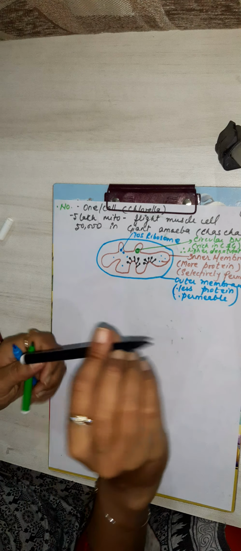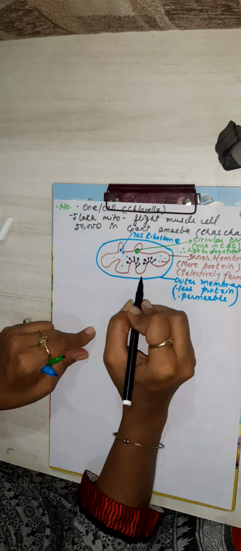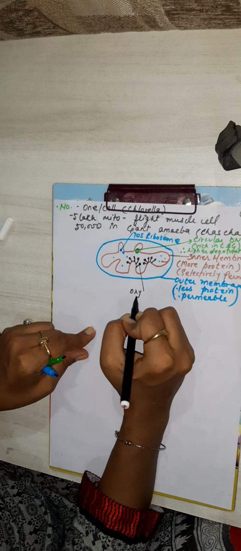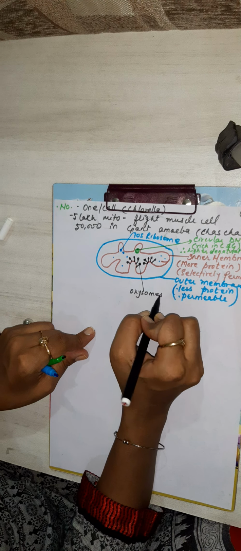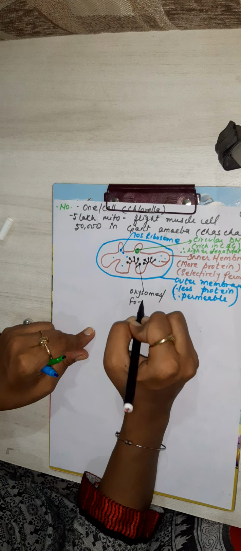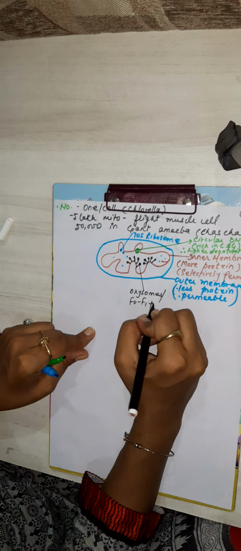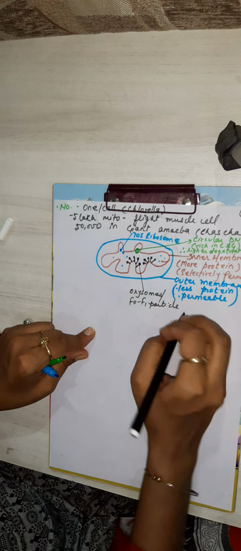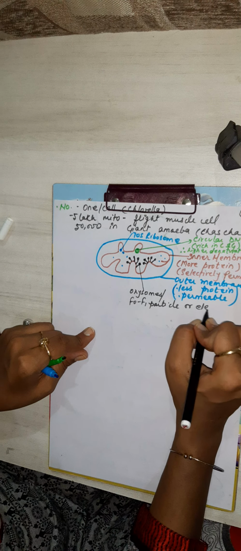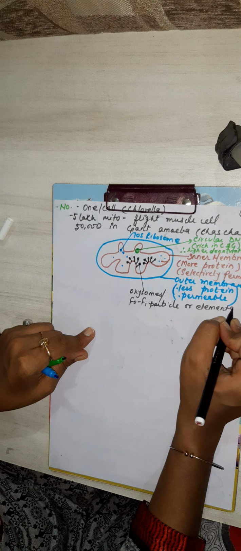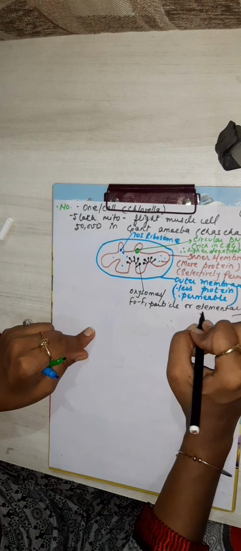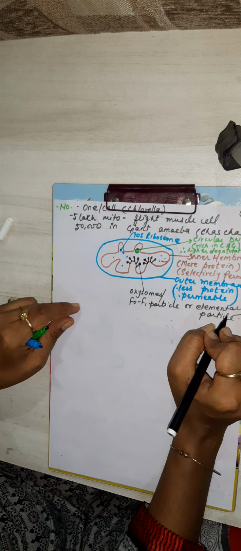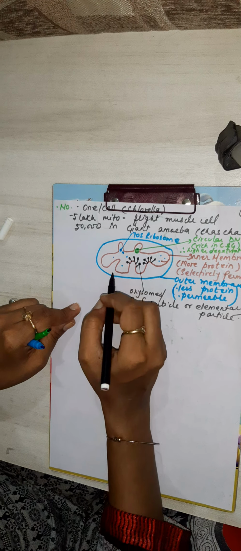These are oxysomes. I will explain the structure. You can say F0, F1 particle, or you can say elementary particle. It is the inner compartment.